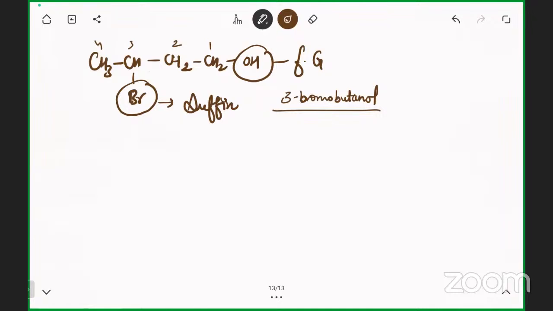But secondary prefix like bromo I have added just because Br is not considered as the main functional group. So you have to write it in the starting of the parent chain. Okay, so this is the rule. Clear? Any doubt? No, sir.